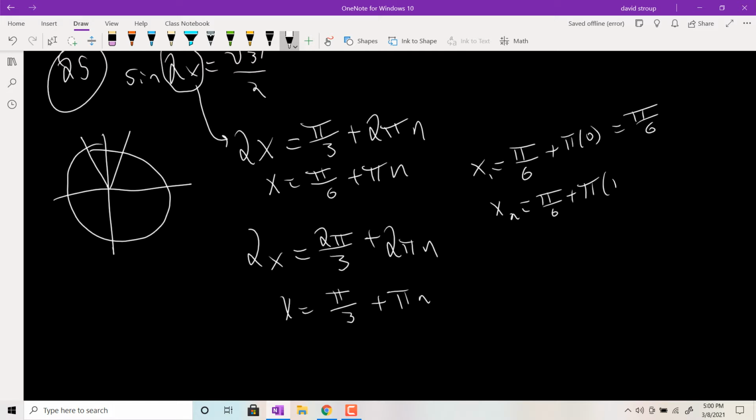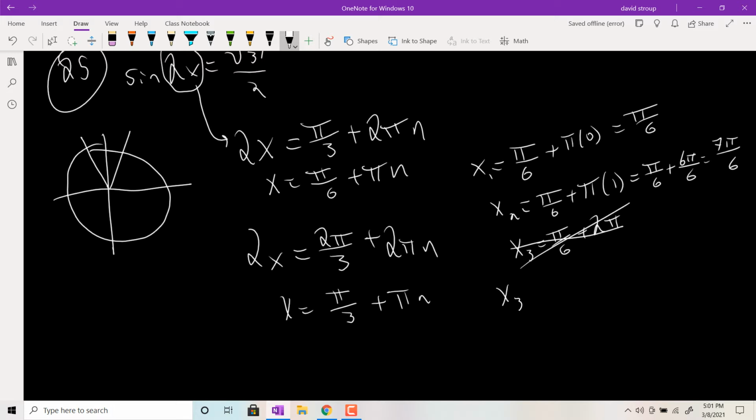Now I'm going pi times 1. So that's pi over 6 plus 6 pi over 6, which is 7 pi over 6, which is still in between 0 and 2 pi. The next one would be pi over 6 plus 2 pi, which is going to be bigger than 2 pi, so we stop. Let's try the other one.